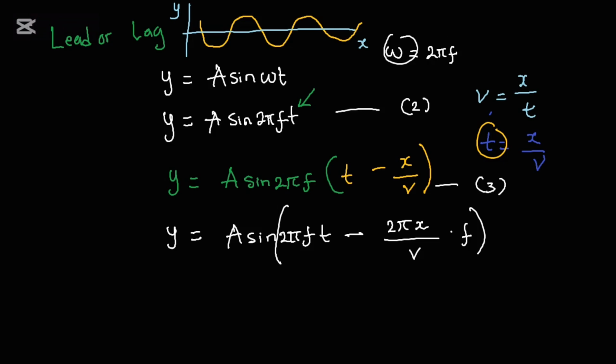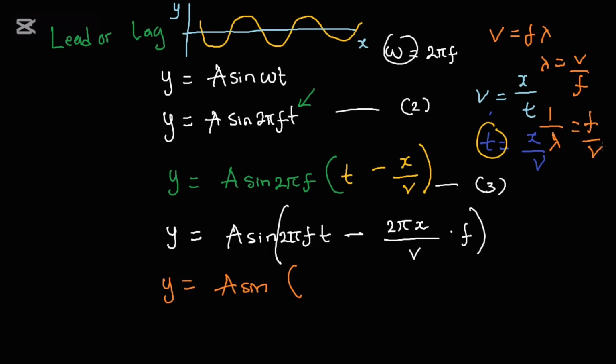So if we simplify this further, I'm going to get y = A sin. Now remember, f over v, or v over f, is what? Lambda. Remember this formula, v = fλ. Therefore, we can say λ = v/f. And if λ = v/f, it just means that 1/λ = f/v.